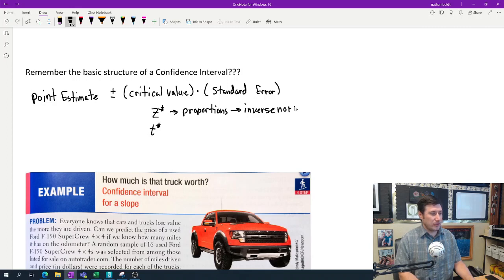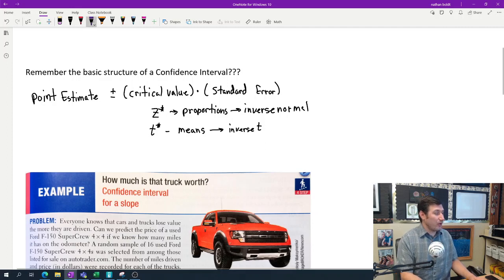You're actually allowed to use the normal model there. But it didn't quite work for means, right? It didn't capture the true mean enough times to make our confidence level. That's why we had to use the t-distribution instead, and so to find the t star, you would use an inverse t.